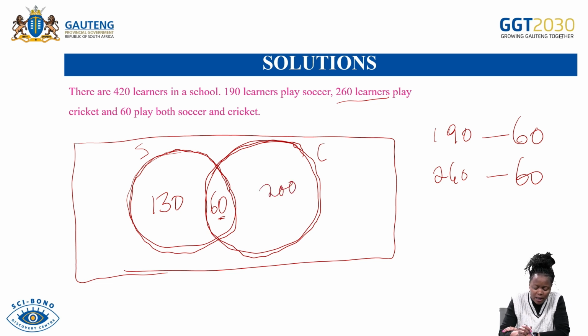But if you say 200 plus 60 plus 130, you don't get the total number of 420 learners. So it means there are learners who are not playing soccer or cricket. Ne? So you add everything, 130 plus 60 plus 200, you'll get 390.